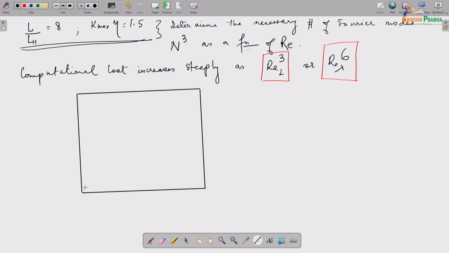All right. Now, this domain is basically 2 times k max. I will get to that.